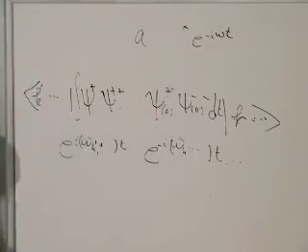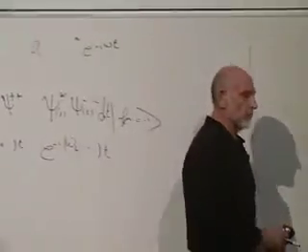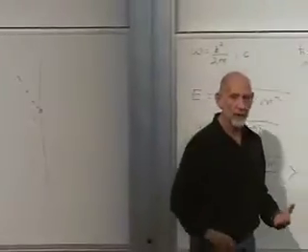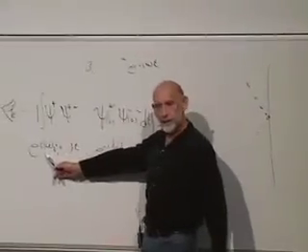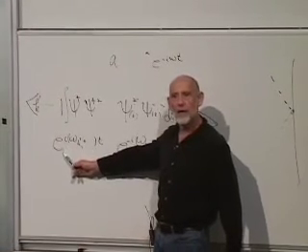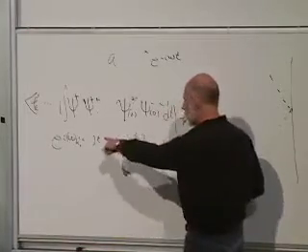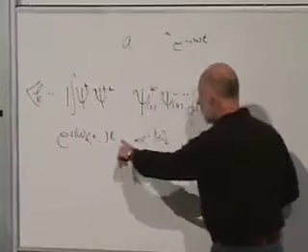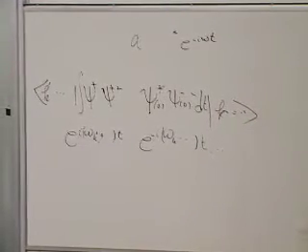The last step was to say, if we integrate this over all times, representing the fact that the scattering could happen at any time, the integral of this gives what? A delta function of the sum of the final energies minus the initial energies.